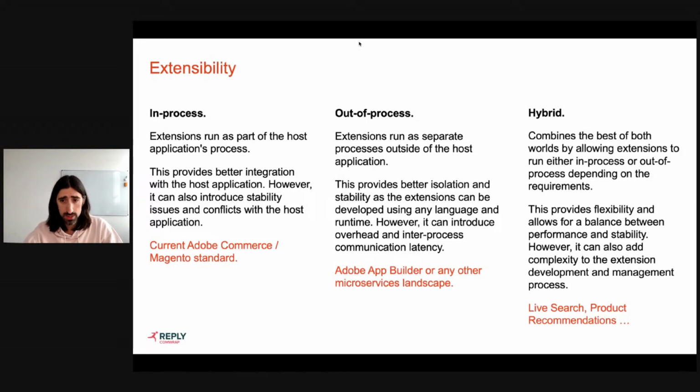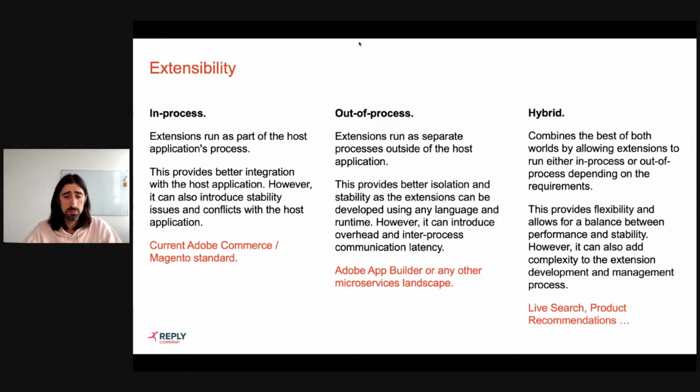And the last one is hybrid, which basically combines the best of those two. In some cases, you cannot do it only in process or out of process. It means you have to develop, let's say, a small Magento module, an Adobe Commerce module, which changes or provides additional APIs that the service can then communicate through. So it basically requires both sides of the process to be involved.